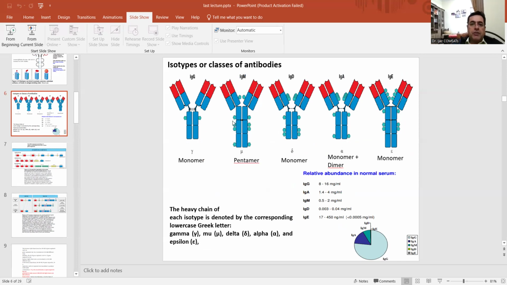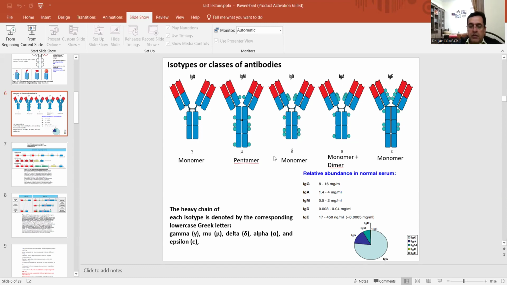So the number of sugar molecules and the types are also different in case of different antibodies. You see that in the case of IgG, there is a gamma isotype of the heavy chain. In the case of IgM, there is mu, and there is delta in the case of IgD, and there is alpha in the case of IgA. In the case of IgE, there is epsilon.